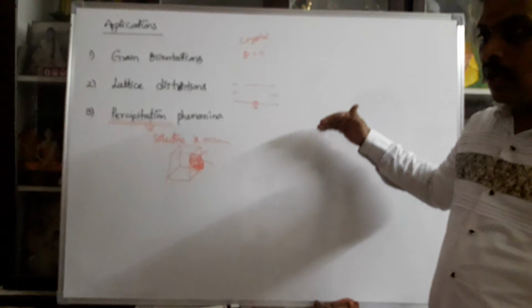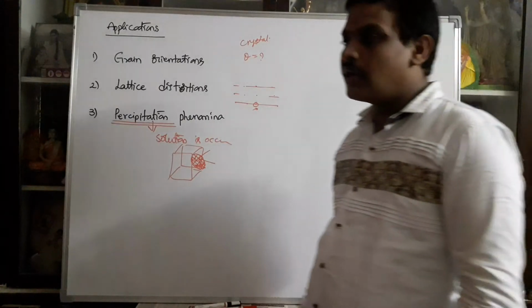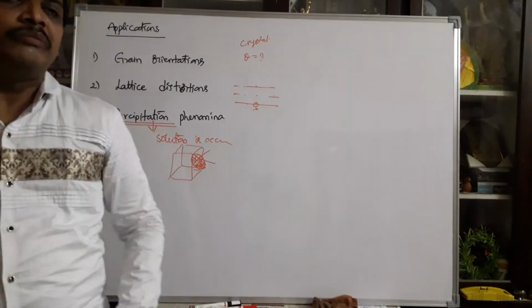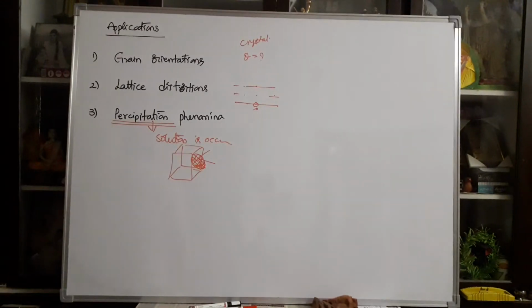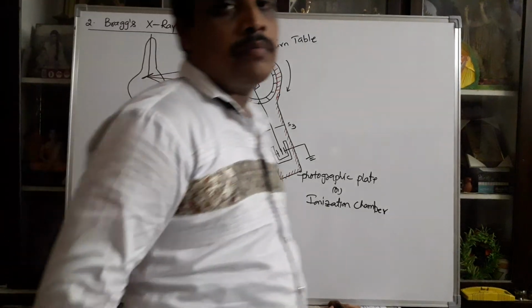Based on the concentric circles and the distance between the circles, we can clearly explain the structure of the crystal. That is the first method to determine the crystal structure, called the Laue experiment. So the first method, Laue, is completed.